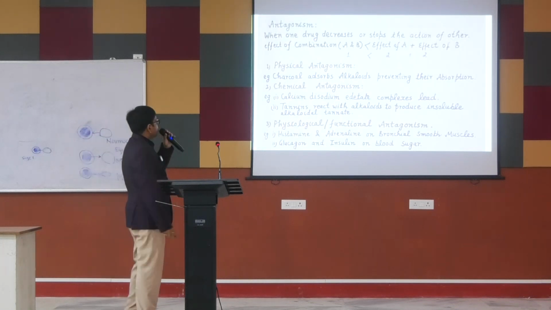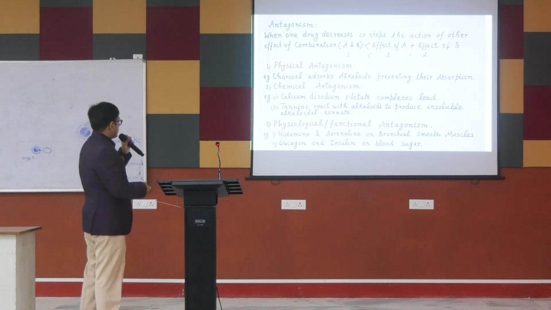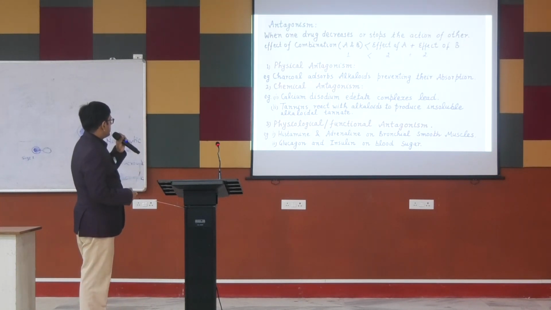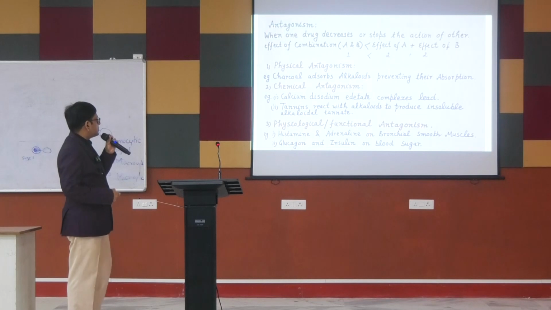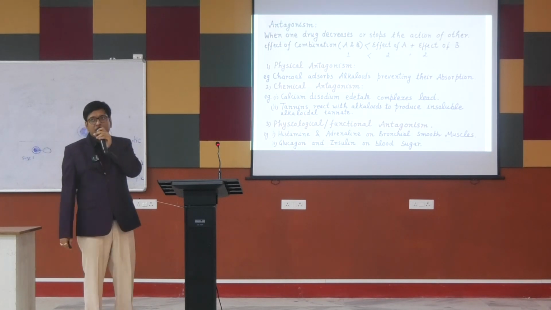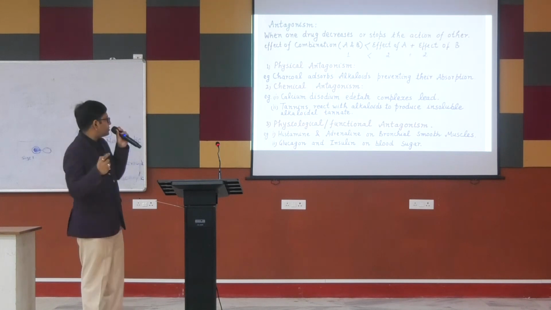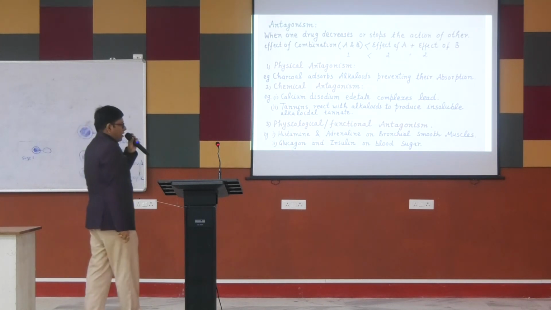Antagonism is simply one drug is reducing the action of another drug. That is antagonism. Antagonism can be physical antagonism, like charcoal is used in alkaloid poisoning. Simply you give charcoal in the GI tract and it absorbs alkaloids. Or it can be chemical antagonism, or it can be physiological or functional antagonism.